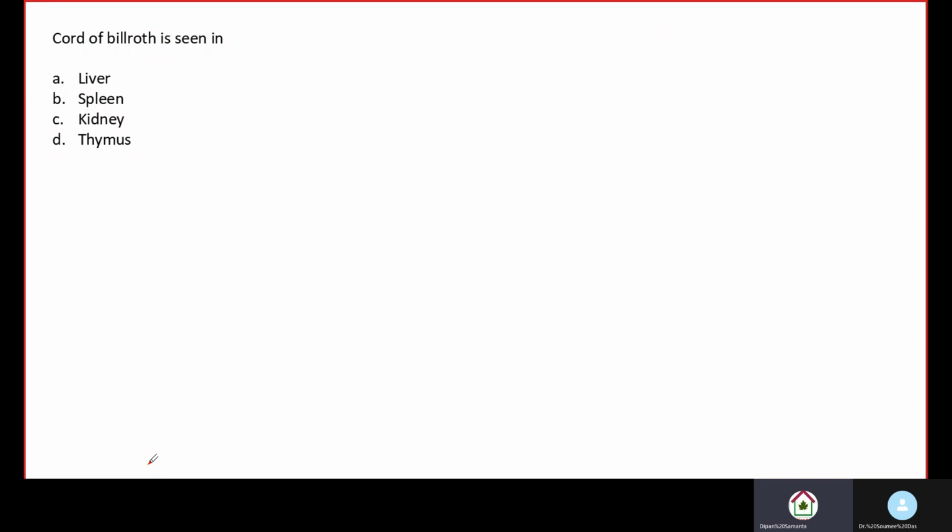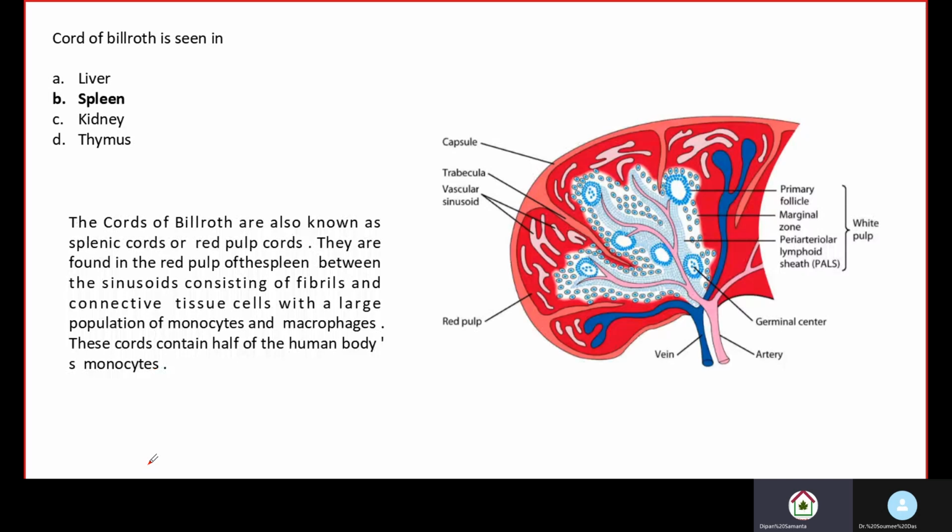Cord of Billroth is seen in liver, spleen, kidney, thymus, and the answer will be spleen. Cords of Billroth are also known as splenic cords or red pulp cords.